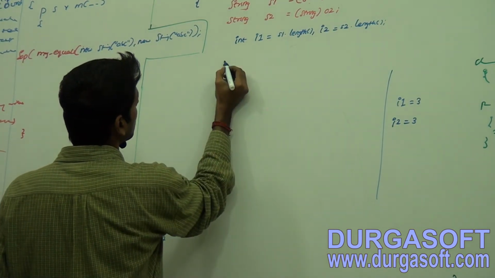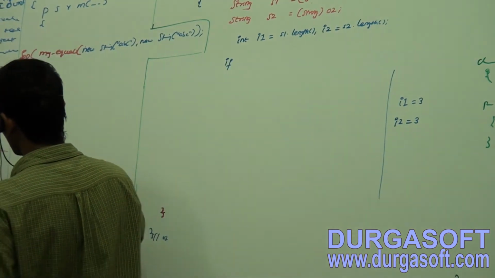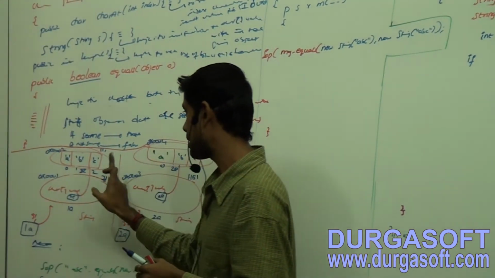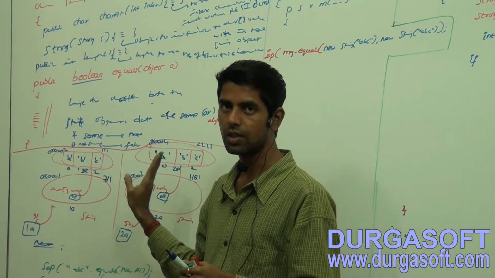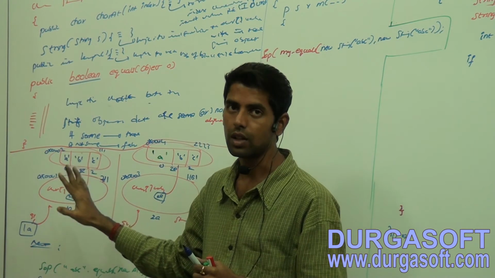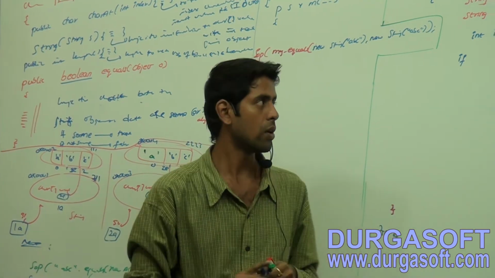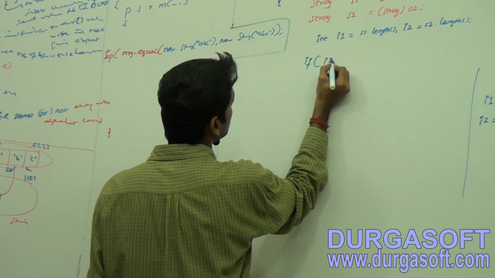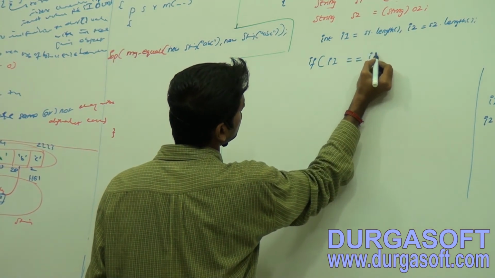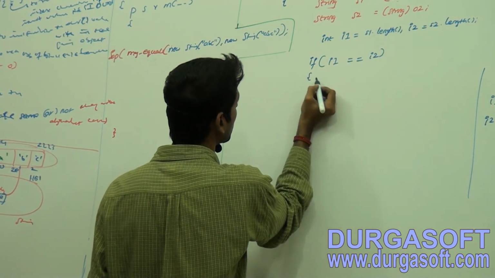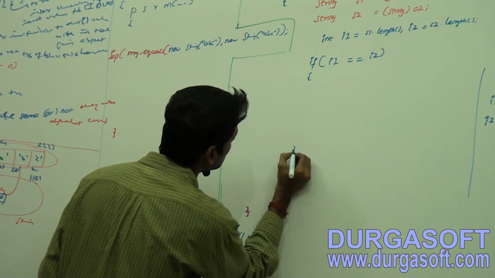Now check whether both the string lengths are equal or not. If i1 equals i2, then perform some logic.